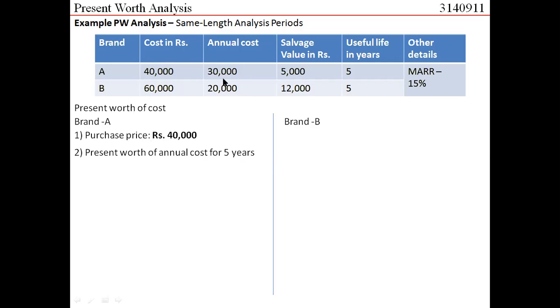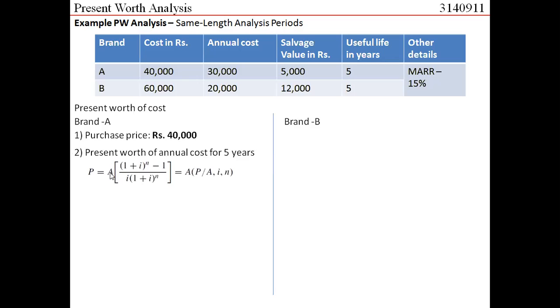So I have an annual cash flow of 30,000 every year for the next 5 years if I'm using the brand A machine. So if I try to calculate the present worth of this annual cash flow of 30,000, you should remember that we have this relation, which relates annual cash flow with its present worth of cost, right?